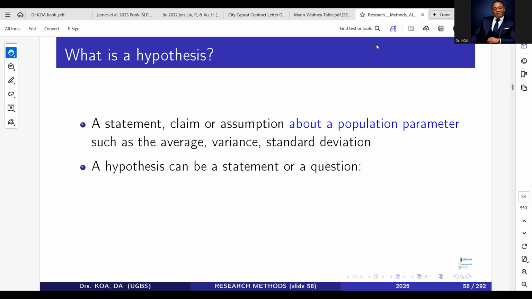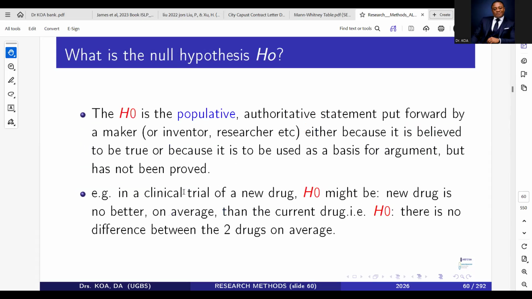The alternative hypothesis is a mirror image of the null hypothesis. The null hypothesis is represented by H naught. Please write it down.